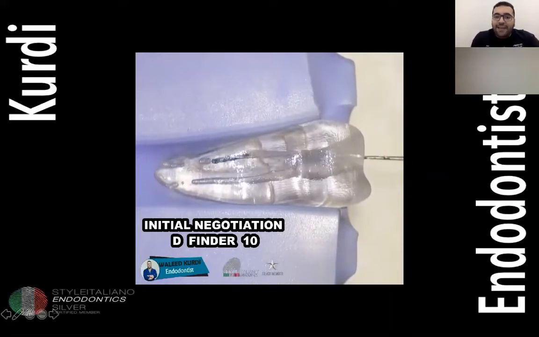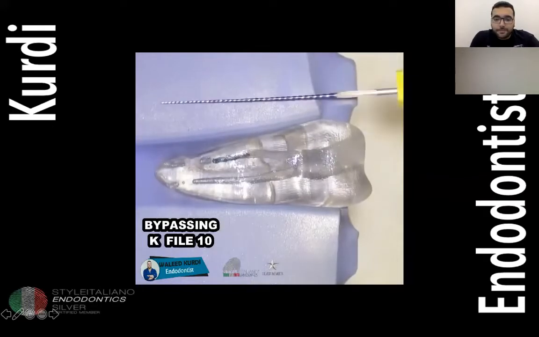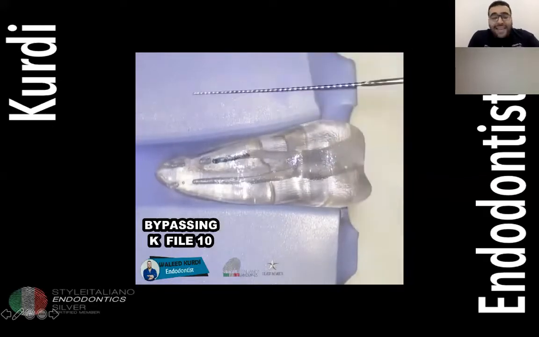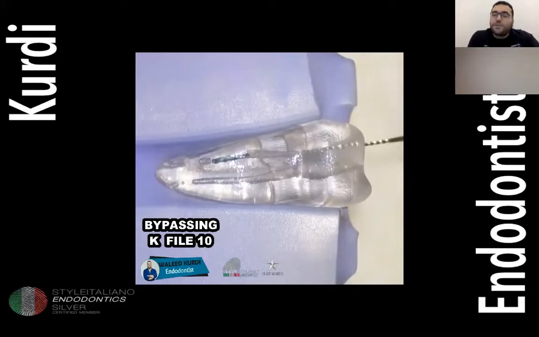We have a catch. Once you have a catch, take it out and bring your K file number 10 with watch winding motion.